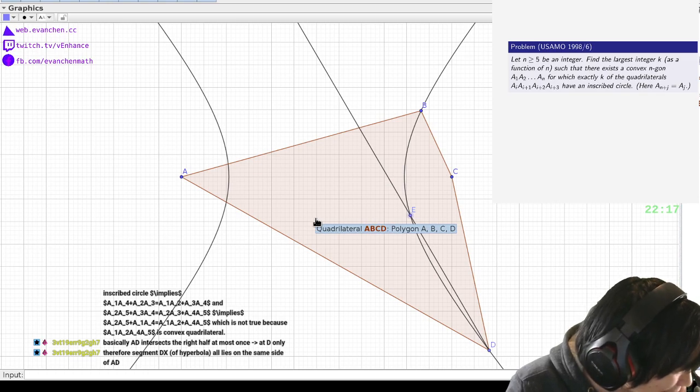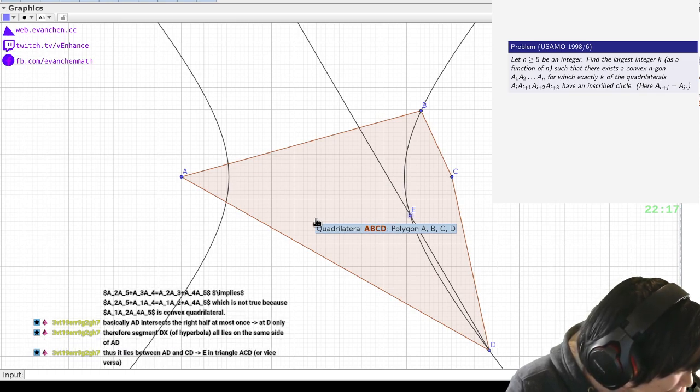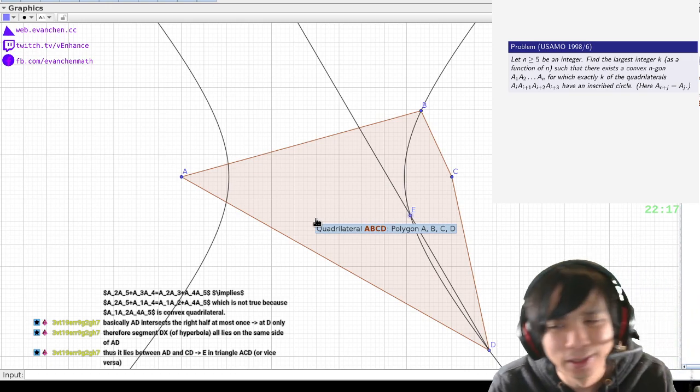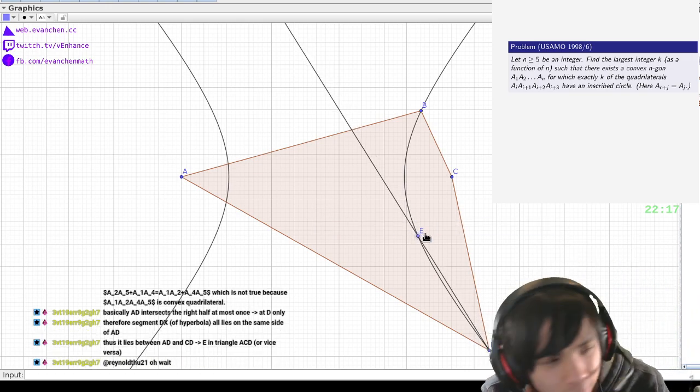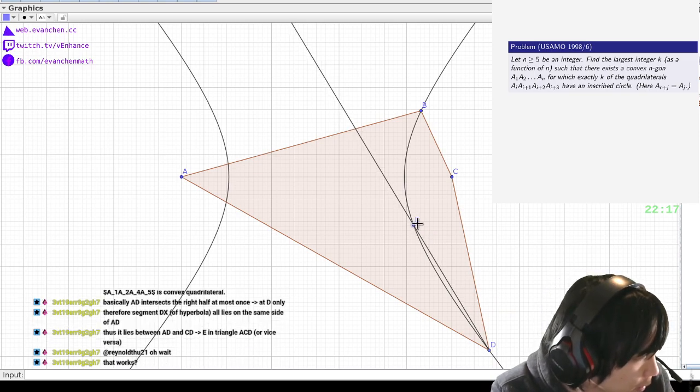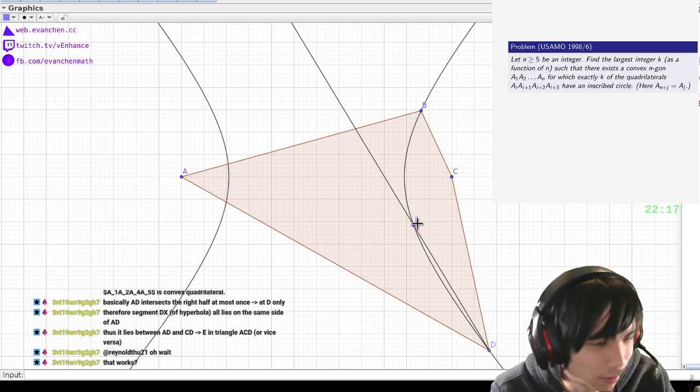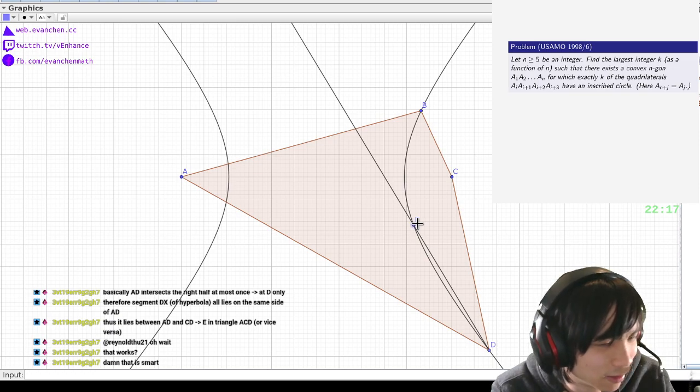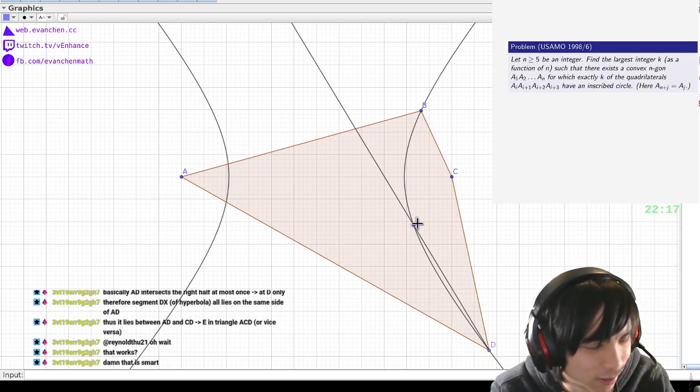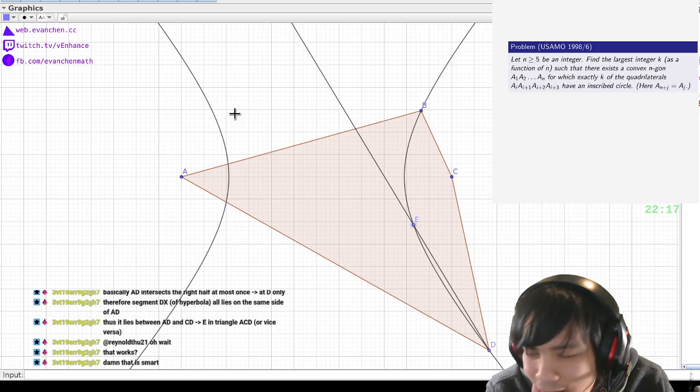So this hyperbola garbage. Yeah, okay, fine. I mean, yeah, that looks like it works. Okay, that means I can close GeoGebra.